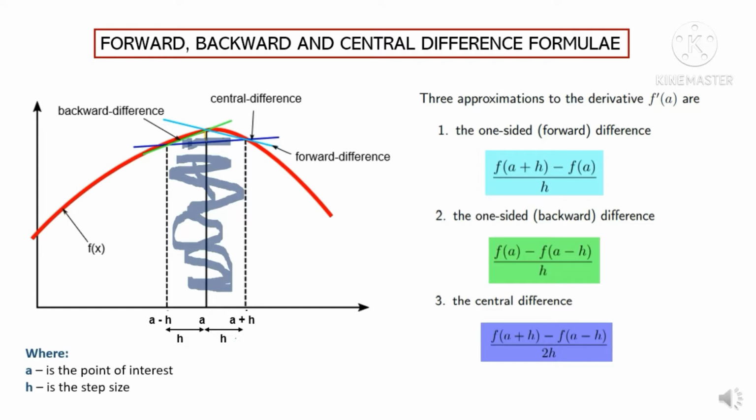How do we get its formula? It is still the same: the slope, the difference in the y values over the difference in the x values.